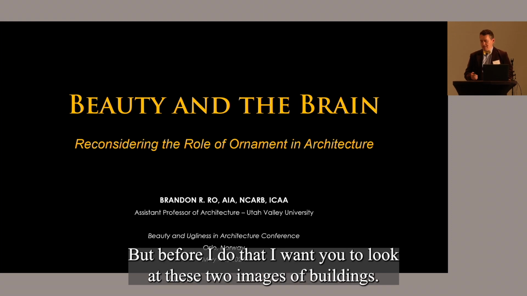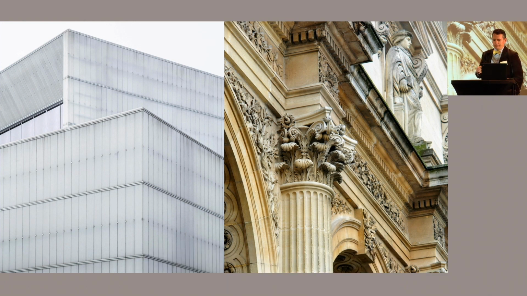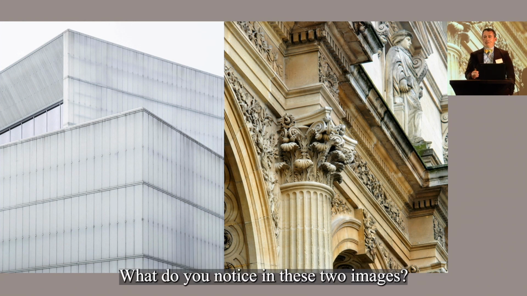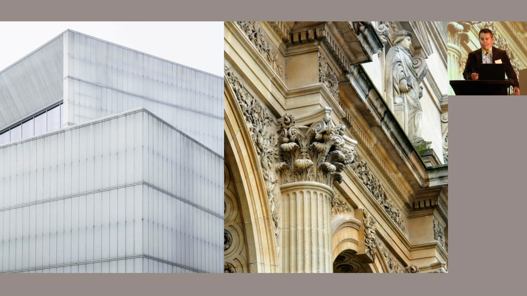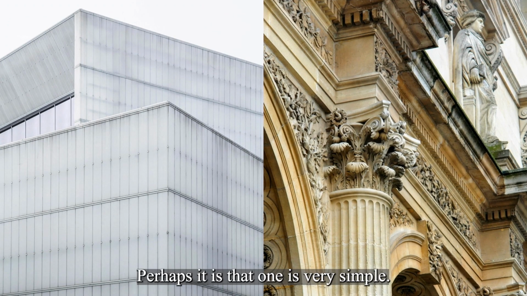But before I do that, I want you to look at these two images of buildings. What do you notice in these two images? Perhaps it is that one is very simple, it's very plain, it doesn't have a lot of details on it. The other one has a lot of ornament.